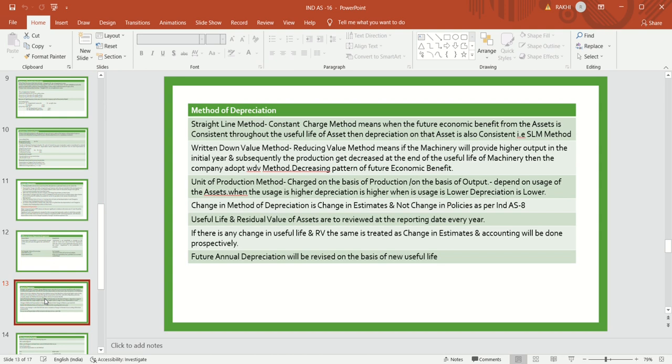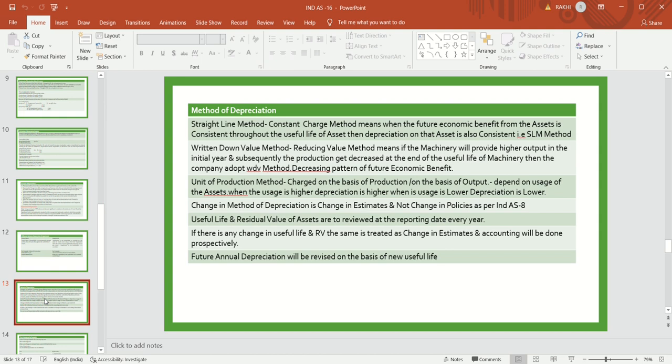The company uses the WDV method when the production from that machinery is very high during the first 5 years of the useful life of the asset, but towards the end of the useful life the production goes down in a diminishing manner.